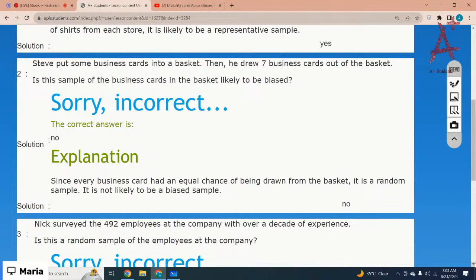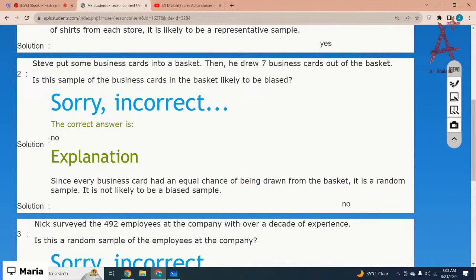Okay, the next example is Nick surveyed the 492 employees at the company with over a decade of experience. Is this a random sample of the employees at the company?